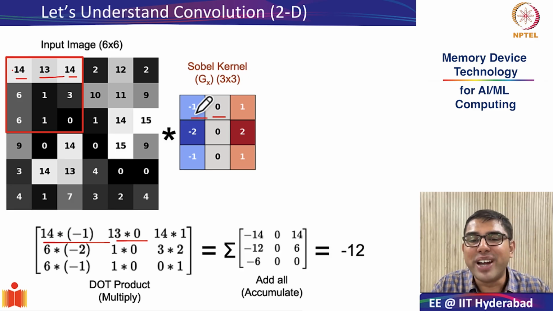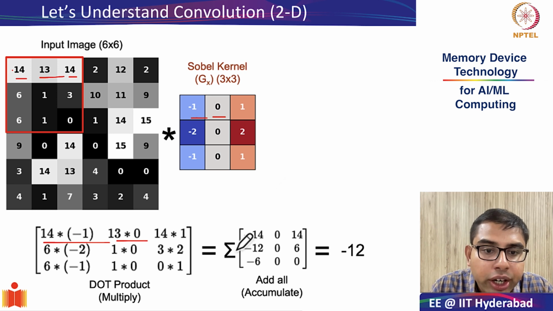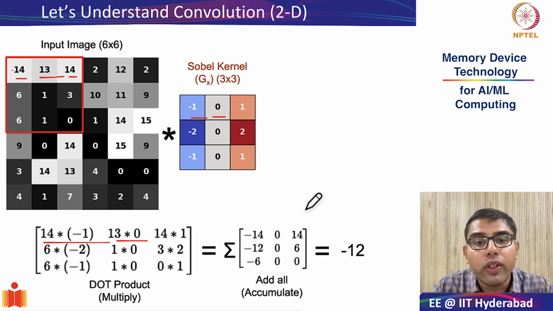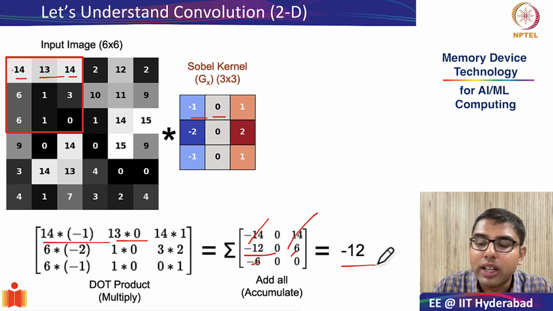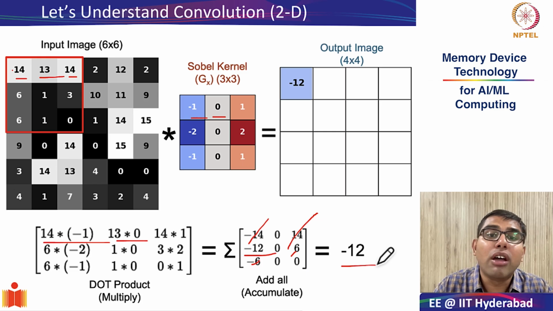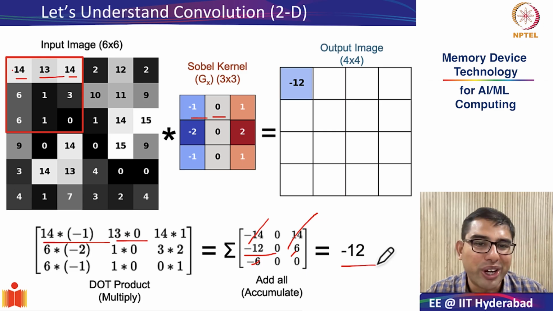You do an accumulate. What you essentially do is the value that you get from doing the dot product, you just sum them up. And as you can see here, minus 14 plus 14 will get cancelled out, plus 6 and minus 6 will get cancelled out. What remains is just minus 12. And this forms the first element of your output image.